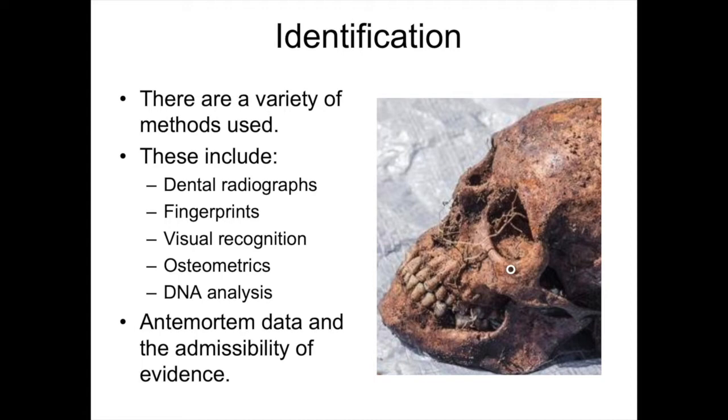The identification or the ID of unknown decedents is probably the most important aspect of forensic casework. Every unidentified body entering the medical legal system represents a missing person. Delays in identification can prolong things like family suffering.